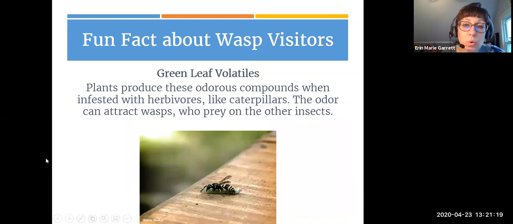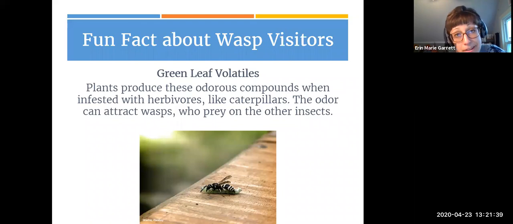And another really cool relationship, kind of a three-way relationship with wasps, is that some wasps that are hunting as predators can actually pick up on something called a green leaf volatile. This is a compound that a plant releases when it's being eaten by another insect.